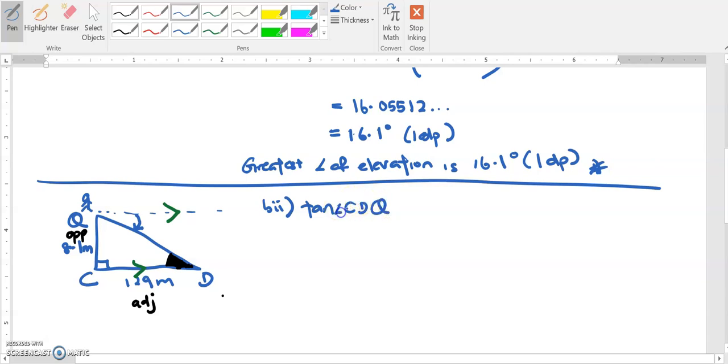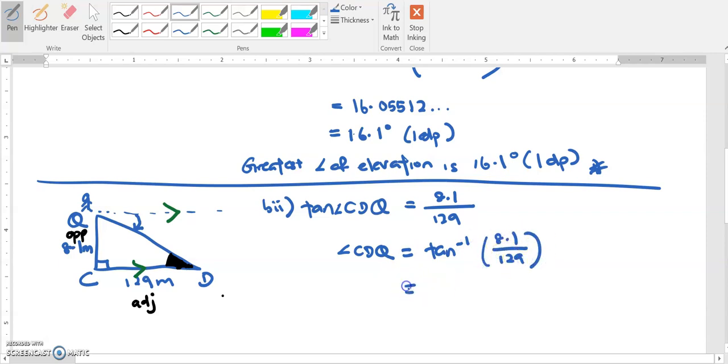Tangent angle CDQ is equals to opposite over adjacent to give me angle CDQ as tangent inverse this entire fraction, and that will give me 3.5929, so on and so forth.